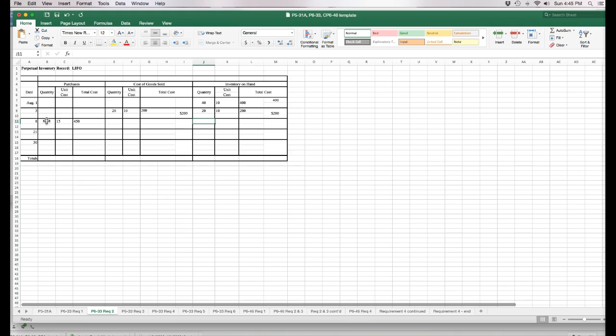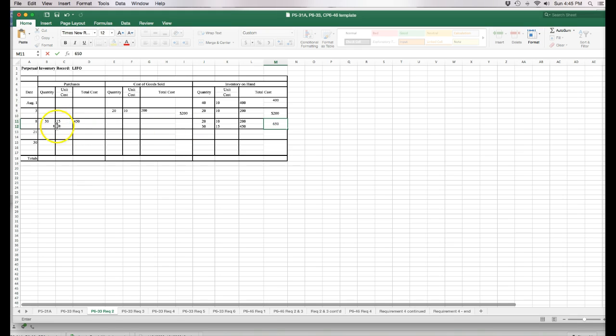We have what we had left of the original, 20 units at $10, but we also have 30 units that we just purchased at $15 for $450, giving us a total on hand of $650.